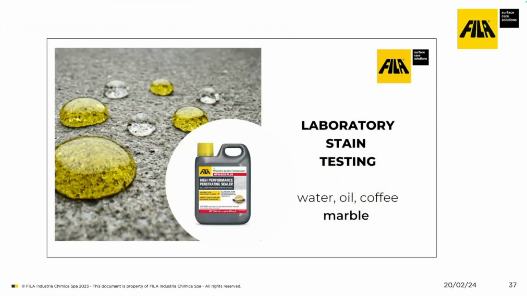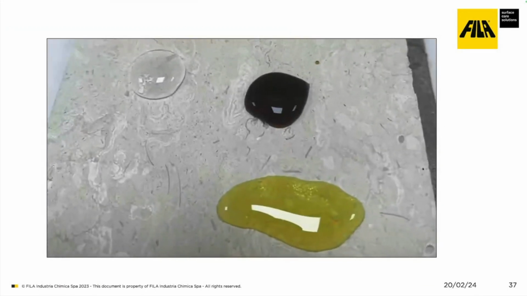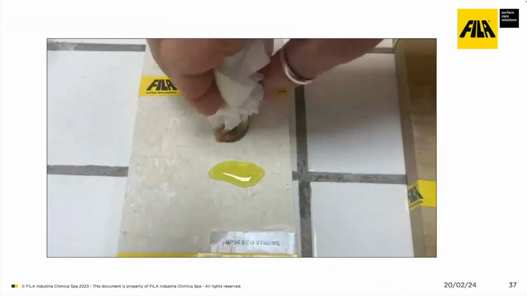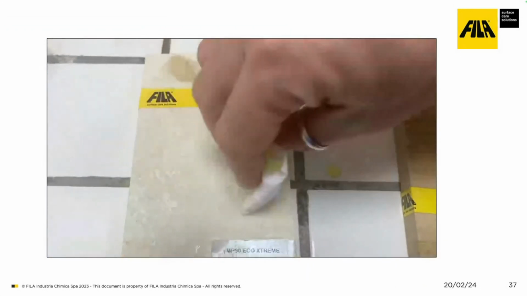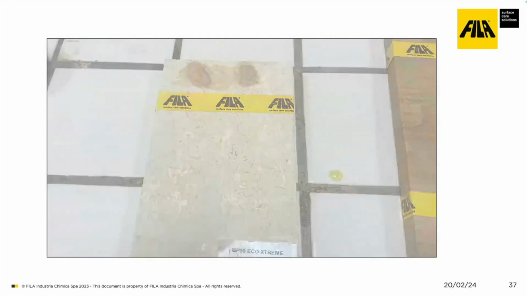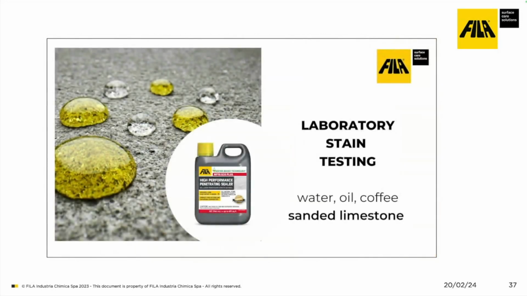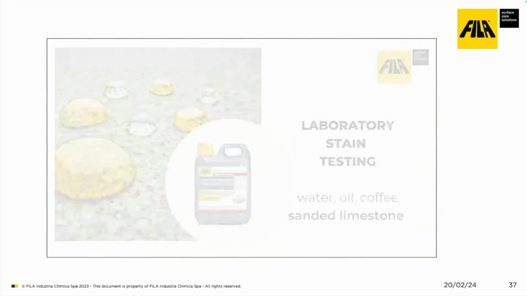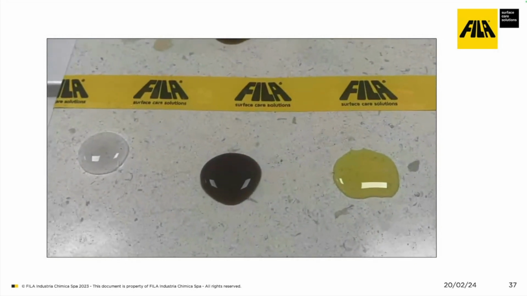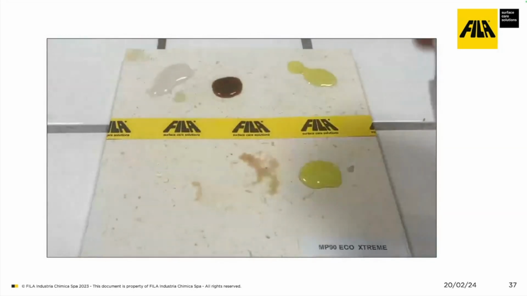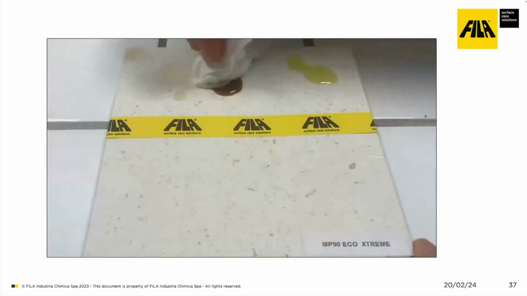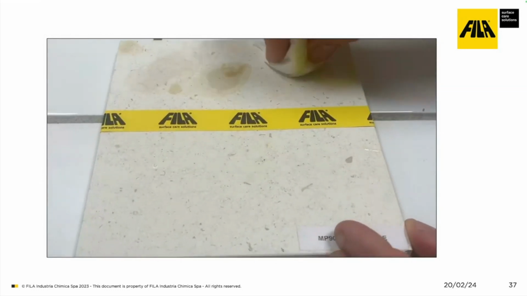And here you can see the different effect, the different level of protection that the MP90 Eco Plus can have on different materials. Because as we told you before, the sealer can be applied on different materials like polished limestone, terracotta, sandstone, or polished marble.